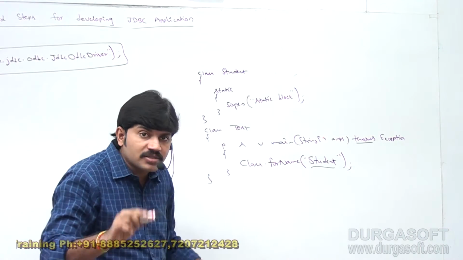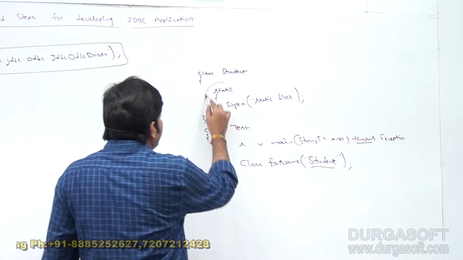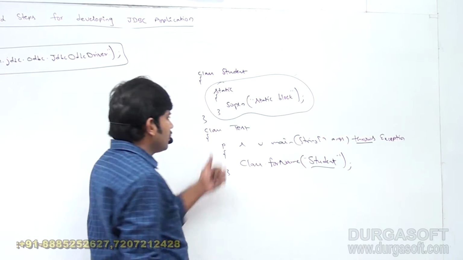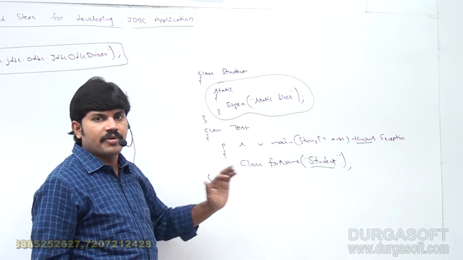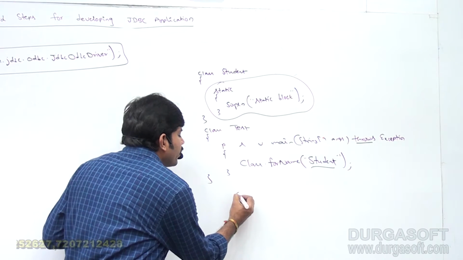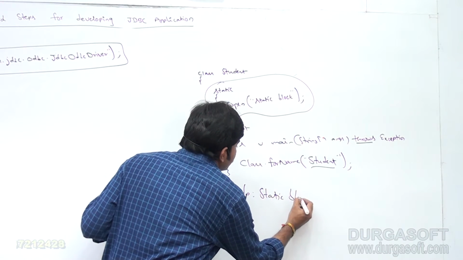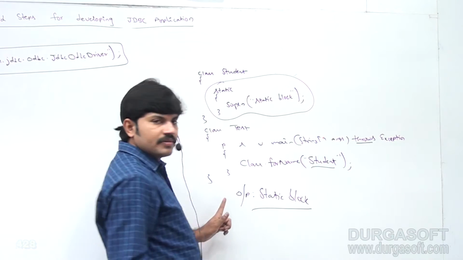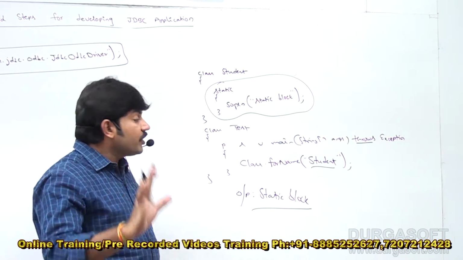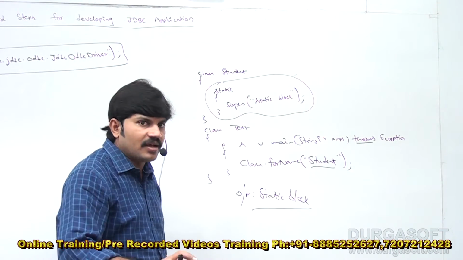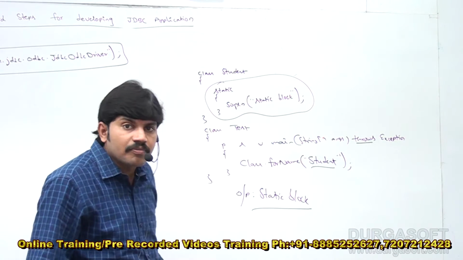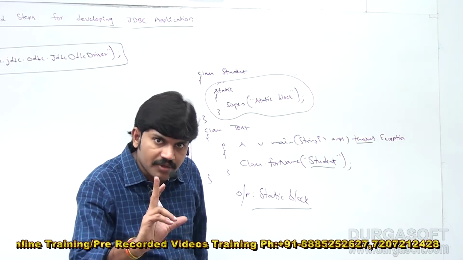Whenever the Student class loads, the static block will automatically execute. If I run it, what is the output by default? We will get the static block. So whenever we are loading any Java class, the static block is automatically executed by default. Clear for all of you, right?